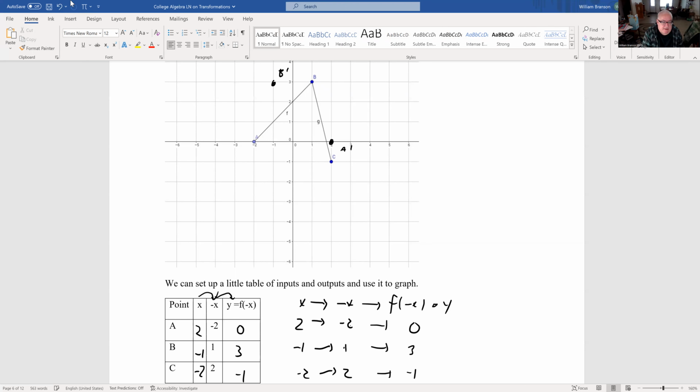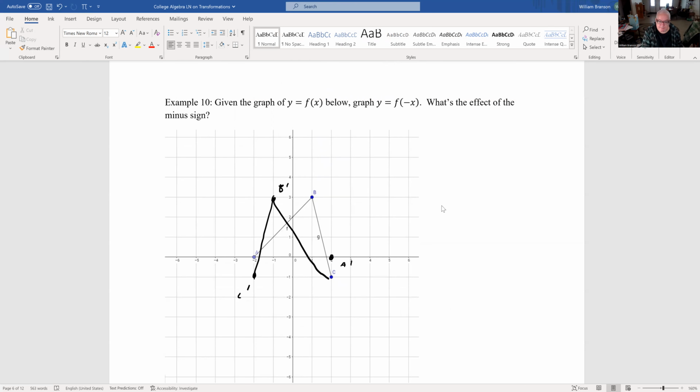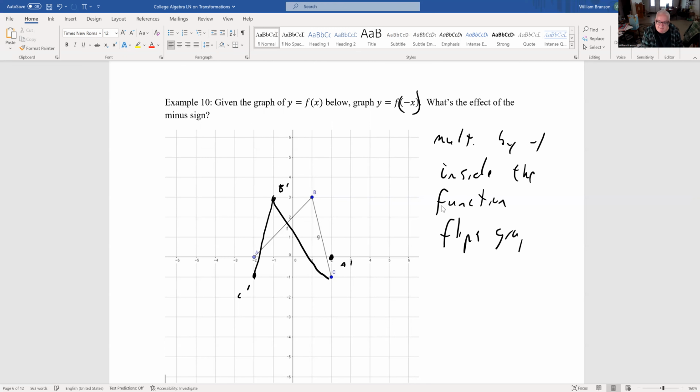And C prime is down here. And so we've reflected over the y-axis. So multiplying by -1 inside the function, so that's inside these parentheses, flips the graph over the y-axis.